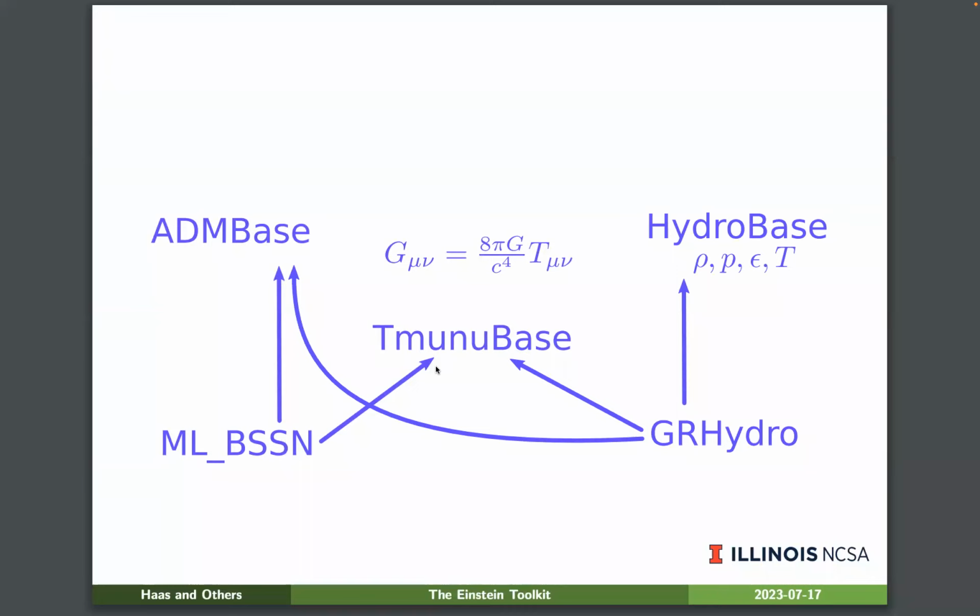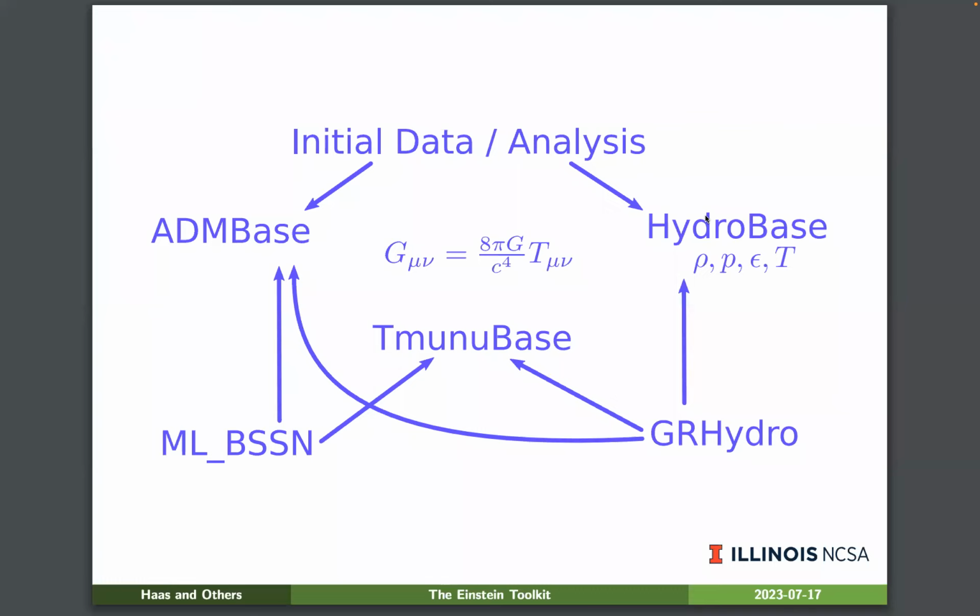And this has been successful because it lets you have initial data and analysis codes that don't have to know anything about what's going on down here. They only need to know what the ADM-base variables look like and what the hydro-base variables look like. So that's the modularization that you want, so that you can use two punctures for your initial data for black holes, or you can use two punctures binary black hole scalar field, or you can use FUKA, and they all work with anything in here because they only talk to ADM base.